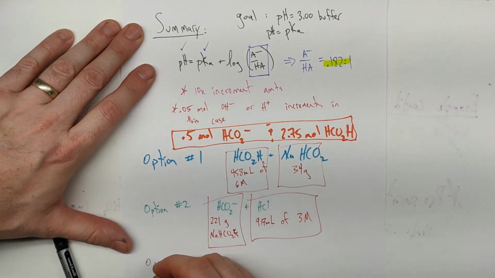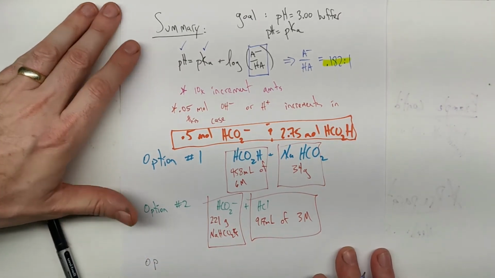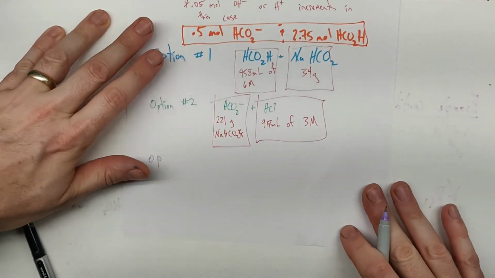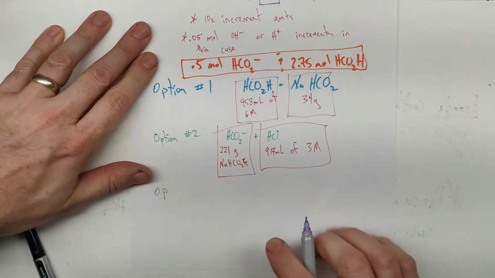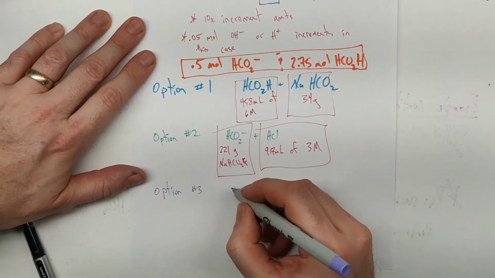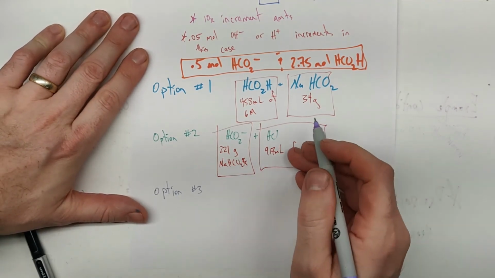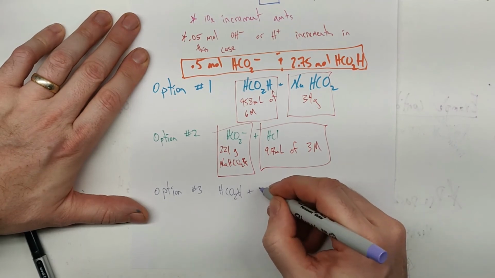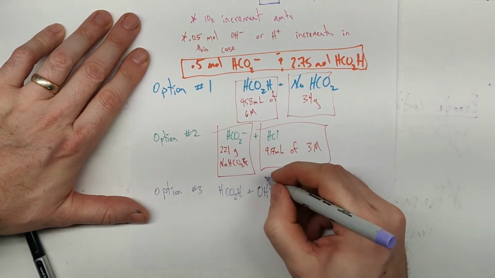And then option number 3 was us taking our weak acid and mixing it with strong base. We have HCO2H plus OH minus from our NaOH.